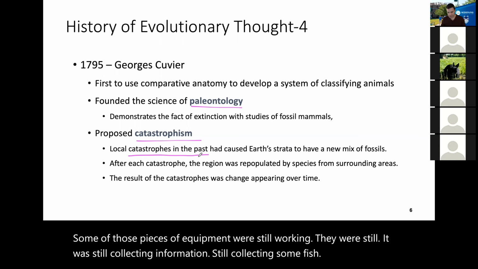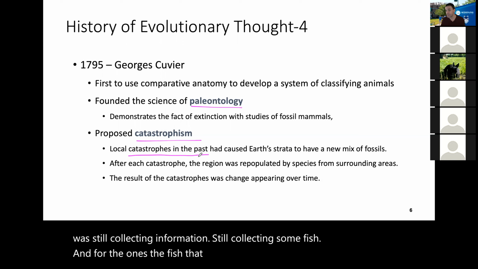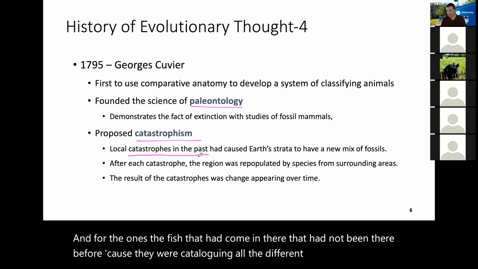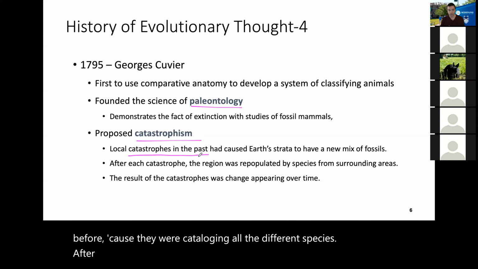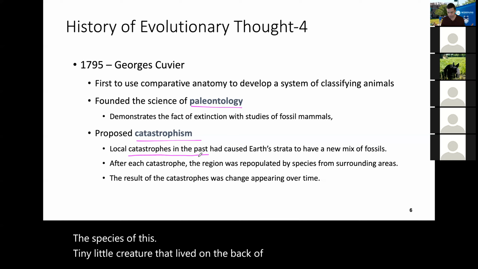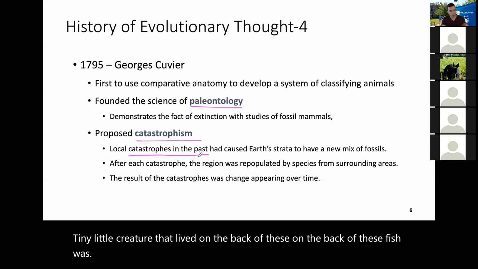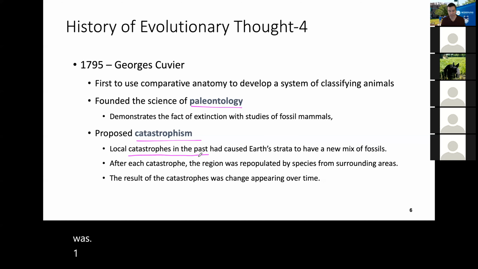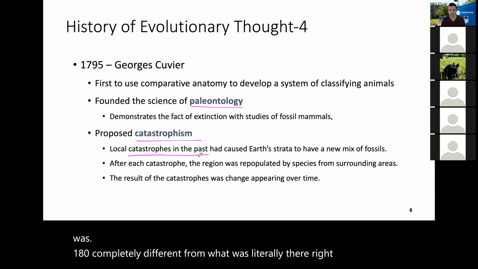And for the fish that had come in there that had not been there before, because they were cataloging all the different species, after the hurricane came through, the species of this tiny little creature that lived on the back of these fish was 180 completely different from what was literally there right before the catastrophe.